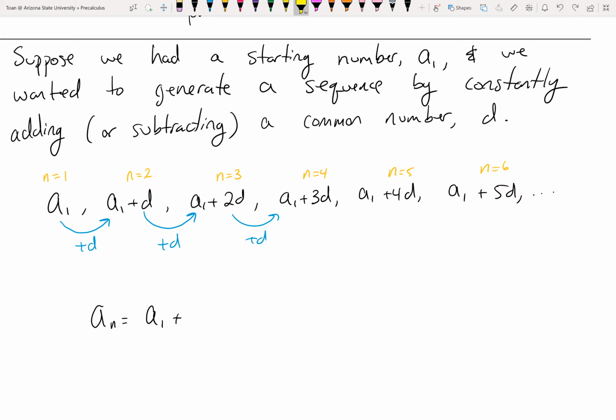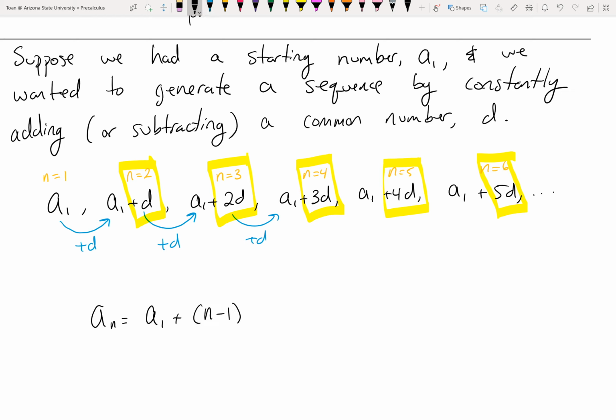The second term only has a single D added to it. The third term has 2D. The fourth term, 3D. The fifth term, 4D. The sixth term, 5D. Hopefully it's obvious that the number of D's you're adding will be exactly one less than your term number, one less than n. So it should be n minus 1 D's that you're going to add. And it actually works for the very first term as well, because 1 less than 1 is 0, so you're adding 0 D's, which is exactly what's going on here.